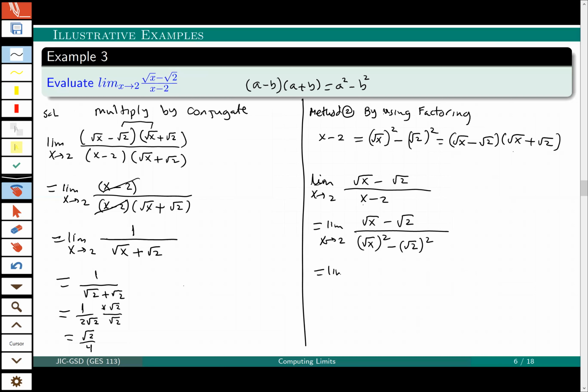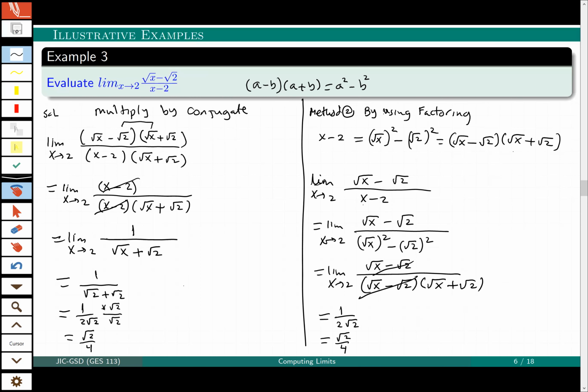Then we apply factoring by difference of two squares: root of the first minus root of second times root of the first plus root of second. Again, that will cancel with that one, and you will get 1 over 2 root 2, which is equal to square root of 2 over 4 again.